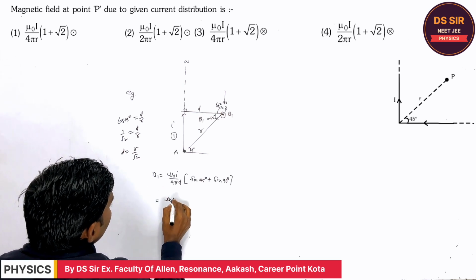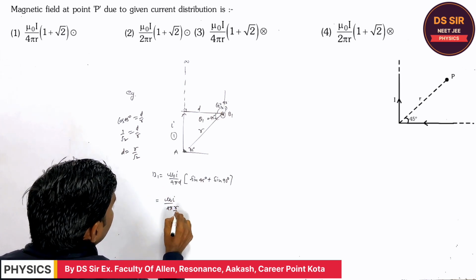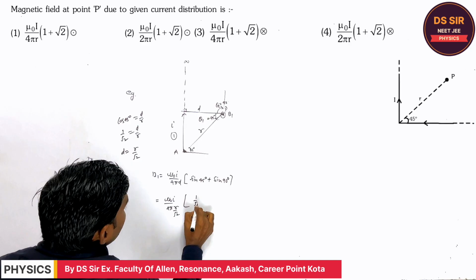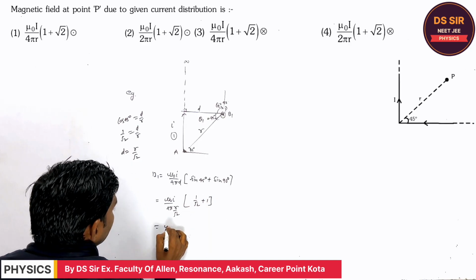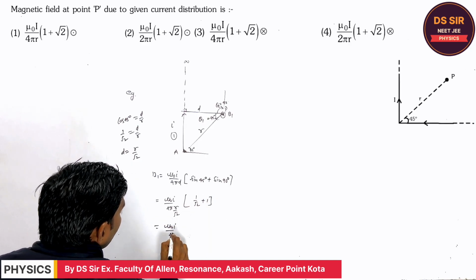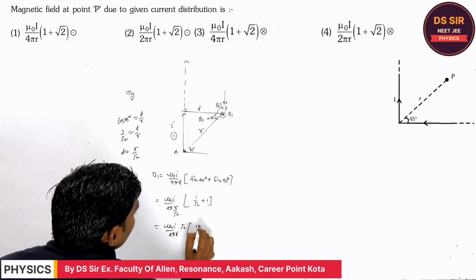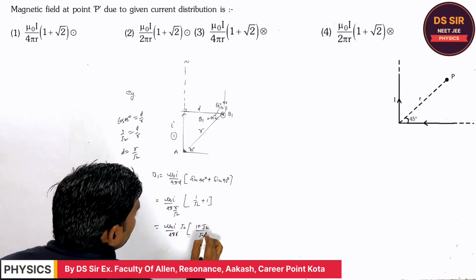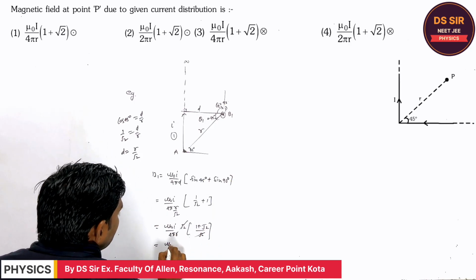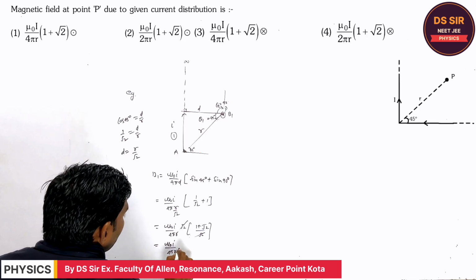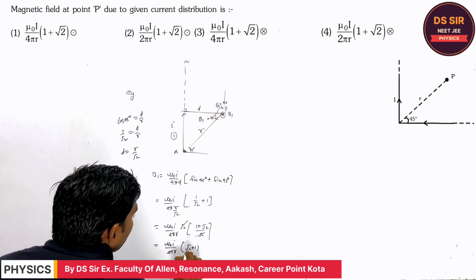B1 equals mu naught I upon 4 pi, r upon root 2, times 1 by root 2 plus 1. So mu naught I upon 4 pi r, root 2 will cancel out, giving mu naught I upon 4 pi r times root 2 plus 1.